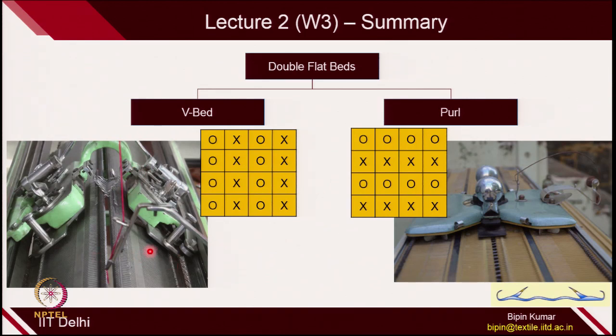We can use this machine as a single bed, we can also use it for making technical back and front loops simultaneously, or for making entire technical back or front loops depending on what bed we are selecting. The V-bed machine is the most popular one in weft knitting technology in the flat category.